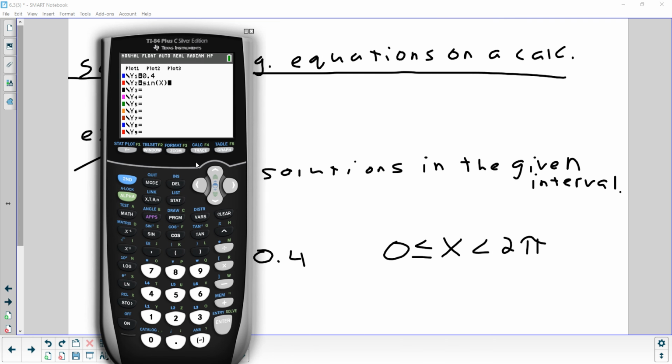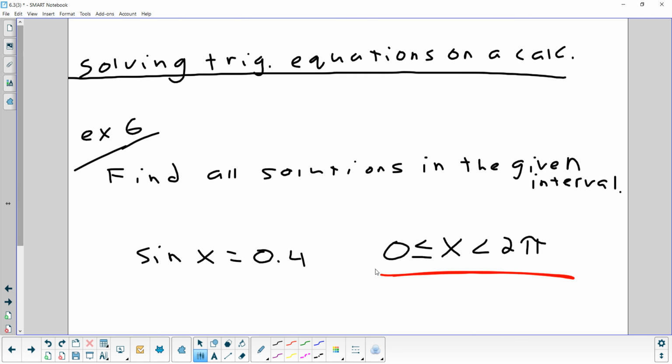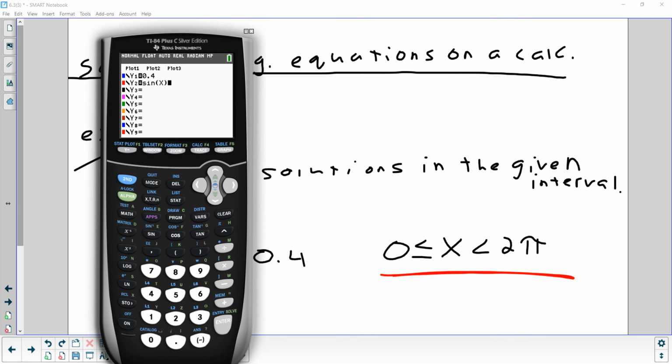Now, how do you think I take this into account? They gave me that information. I got to use it. Yep. Would it be like your x min and x max? That's my x min and my x max. Because think about this. This is a wave, and this is a horizontal line.